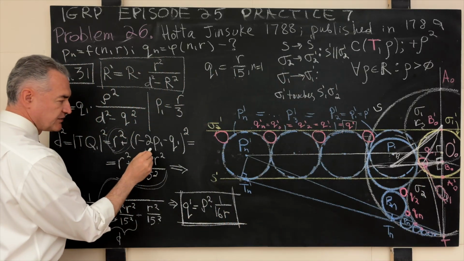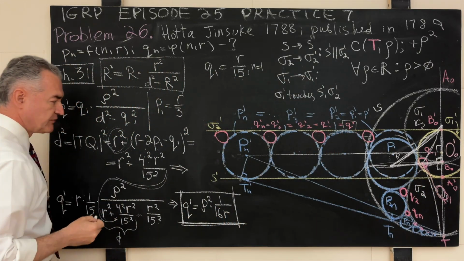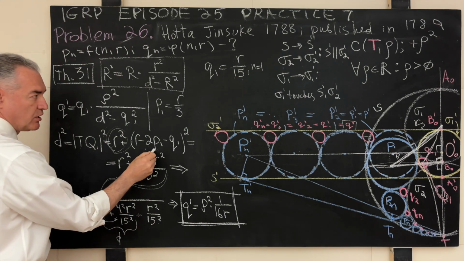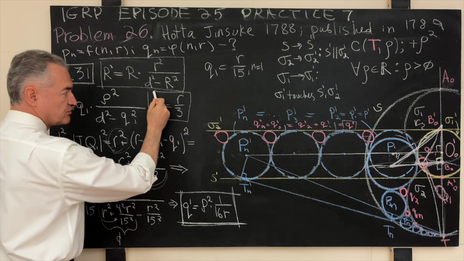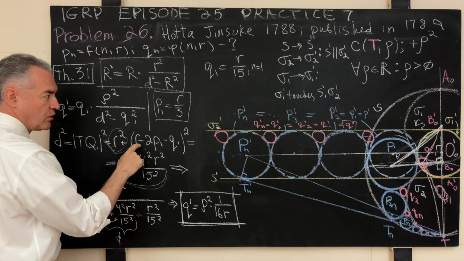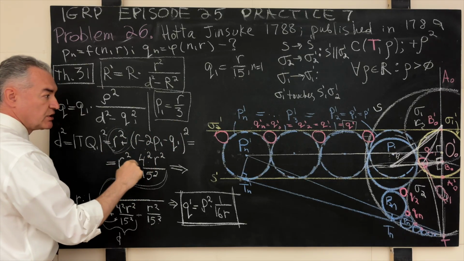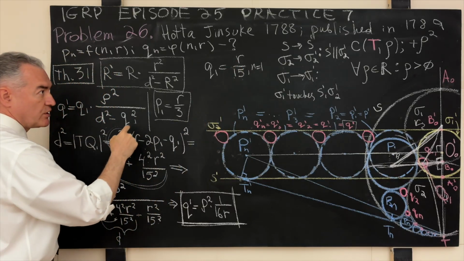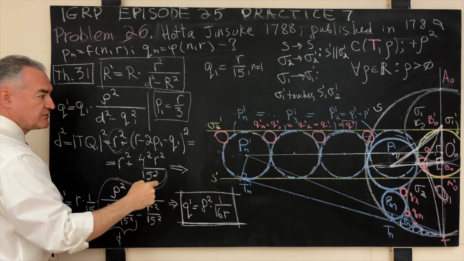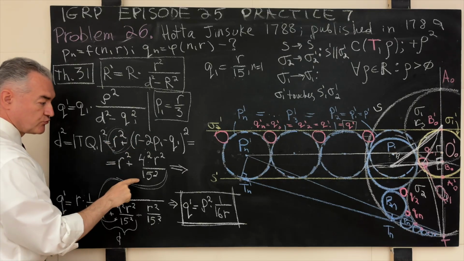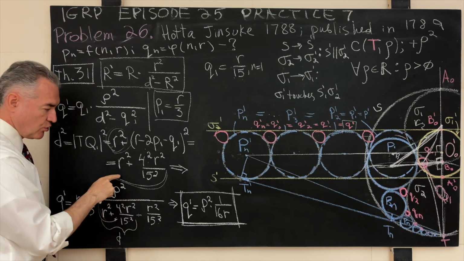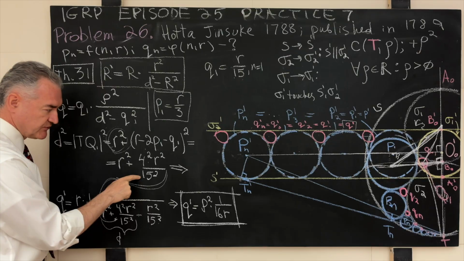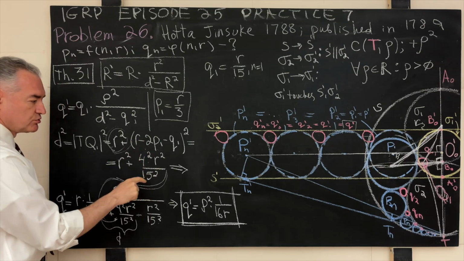Well, it's R minus 2P1 minus Q1. Remember that P1, we computed in the previous segment right here, R over 3. 1 minus 2/3 is 1/3. And Q1 is what? Is R over 15. So 1/3 minus 1/15 will be what? 5 minus 1, 4. 4/15. So there you go. R squared plus 4 over 15 times R, the whole caboodle squared.